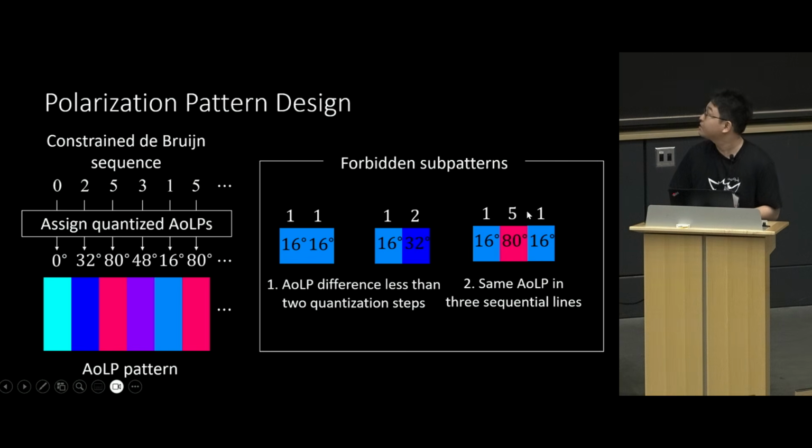First, adjacent lines should have an AOP difference of at least two quantization steps, so that neighboring lines can be clearly distinguished. Second, the AOP values of any three sequential lines should be different, ensuring sufficient variation in the polarization states for parametric decomposition.